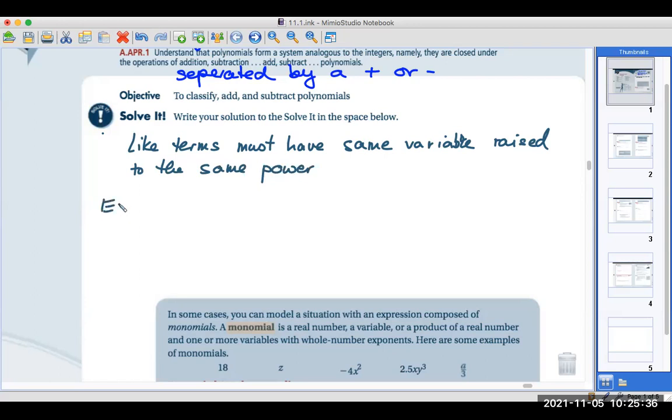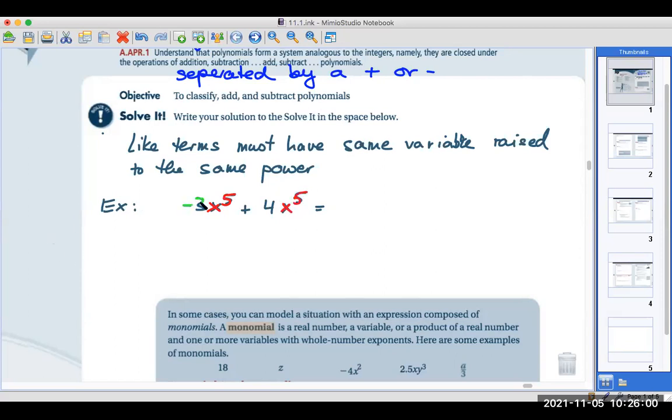So for example, let's say negative 3x to the 5th plus 4x to the 5th. So you have a negative 3 and a positive 4, and you have like terms because x to the 5th is the same variable raised to the same power. And all you do is add the numbers in front.